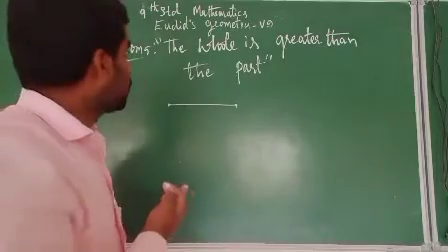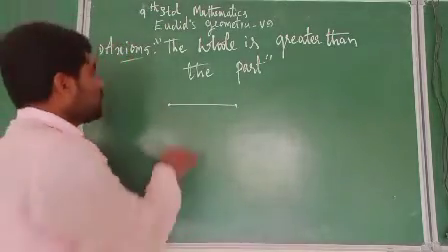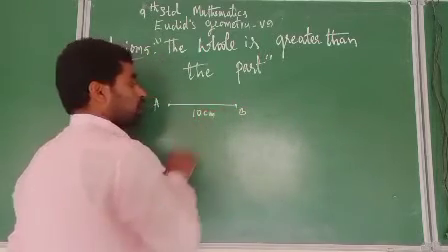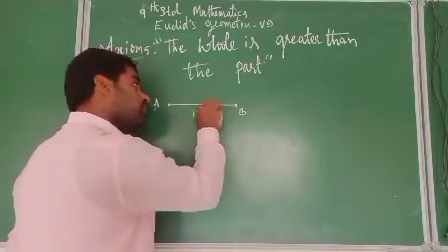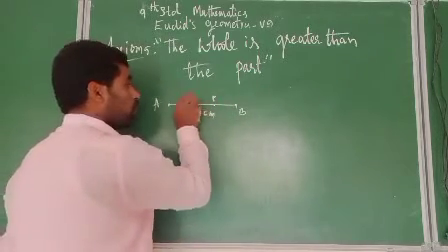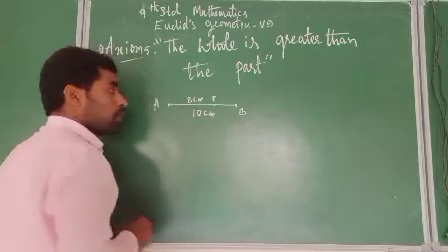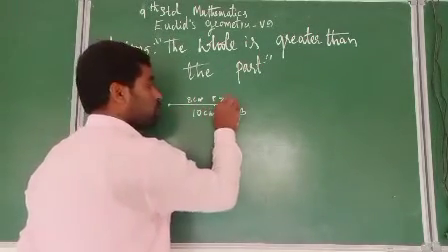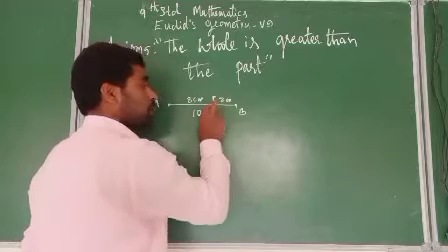Dear students, the whole is greater than the part. Here I'll take a line segment AB which is equal to 10 centimeter and mark a point P on AB such that AP is equal to 8 centimeter. PB is equal to 2 centimeter.